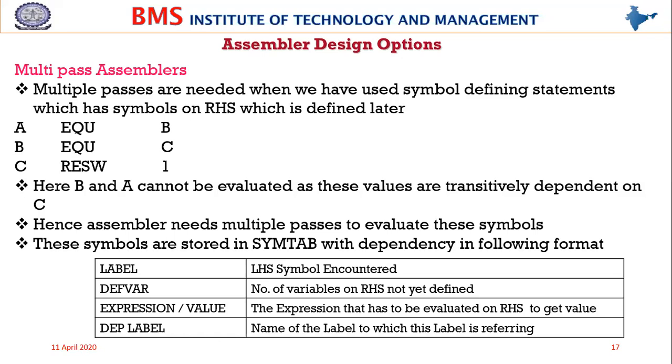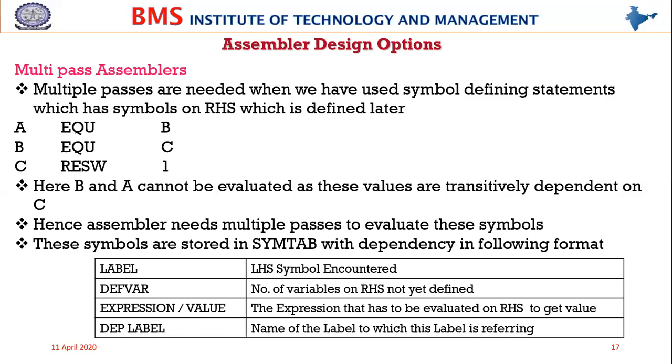So that comes into the category of def var. For B, C is yet to be defined, so C comes into the category of def var. Getting the point? Fine. Expression or value. For C, this is a word 1. Whatever pass 1 of your assembler gives as the address is going to be the value for C.